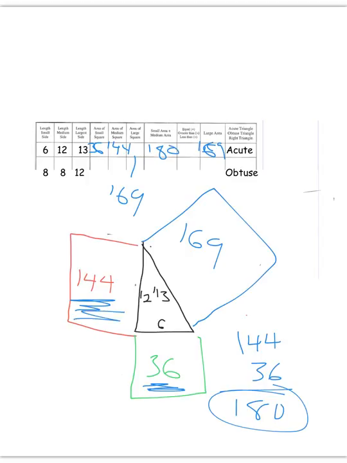How does this compare to the area of the large square? It is obviously bigger. And if we go back and look at the triangle made by the segments 6, 12, and 13, you will notice that it is an acute triangle, a triangle that has all angles less than 90.